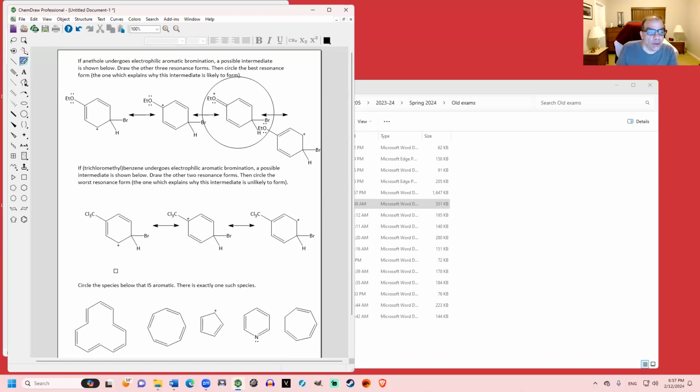And I think of all of these, even though it's on a tertiary carbon, this one is the worst one because it has the plus charge right next to a very electron poor atom. That carbon is very electron poor because of the 3 electronegative chlorines attached to it. So I think that one's the worst one. I think these 2 are equally good or equally bad. So I think that one's unique.